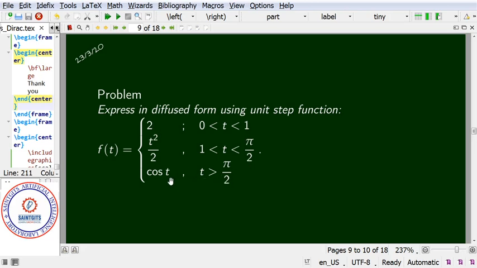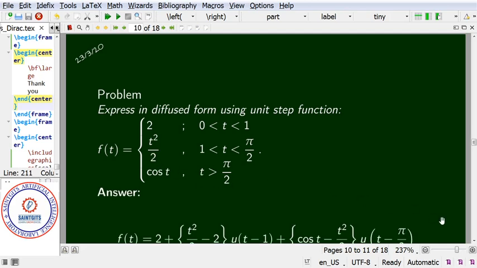As in the previous case, we can write this function f of t using the unit step function. So f of t is equal to base value 2 plus t square by 2 minus 2 into u of t minus 1 plus cos t minus t square by 2 into u of t minus pi by 2.